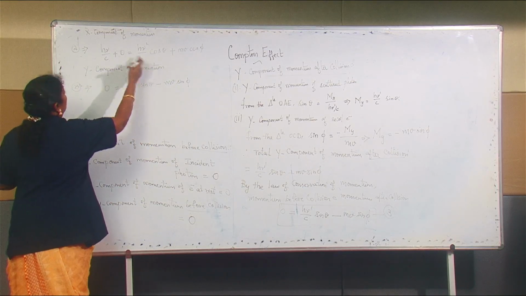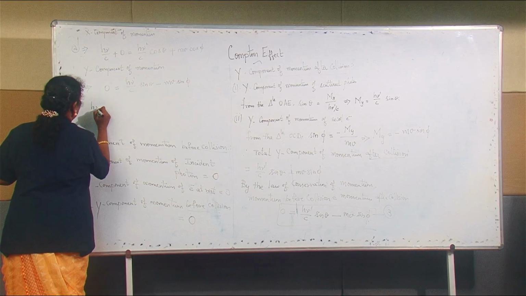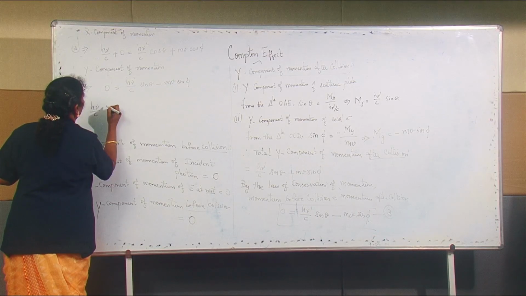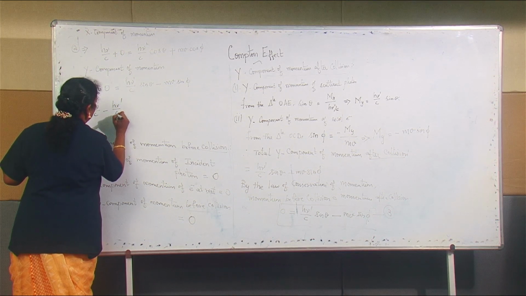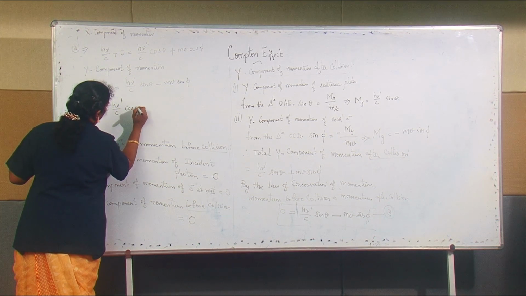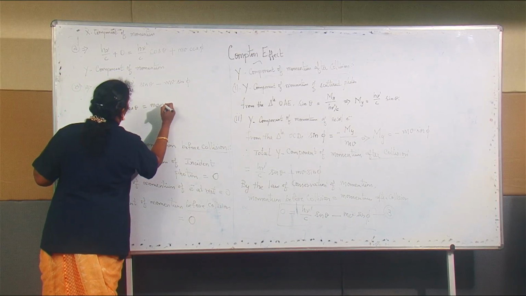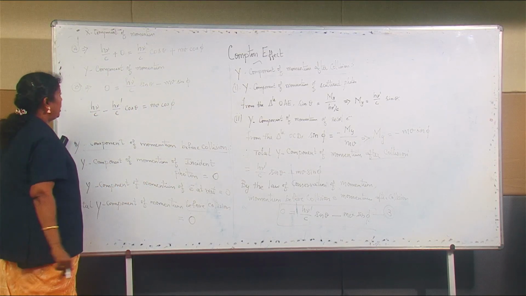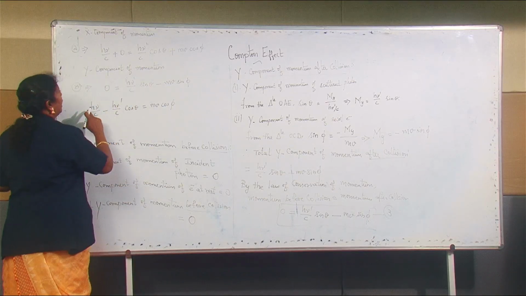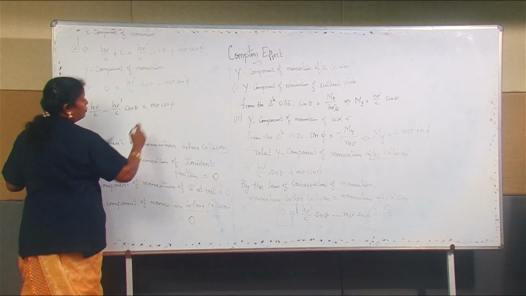From this equation we can bring this side h nu by c. If we bring it to this side we get minus h nu by c minus h nu dash by c cos theta is equal to mv cos phi.